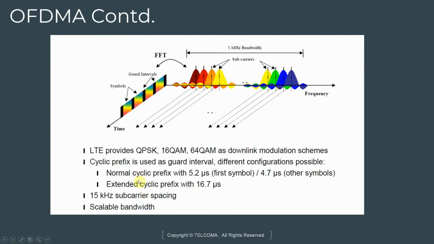Depending on the channel conditions that you have, you can use one of these. And there is a set 15 kilohertz subcarrier spacing between each of these subcarriers, and that ensures that they don't overlap with each other and they don't interfere with each other.